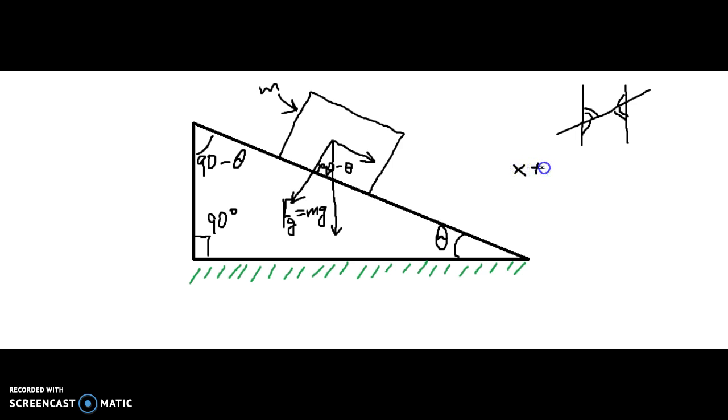We have to write down the formula: x, which is the unknown angle, plus (90 minus theta), plus 90 degrees has to be equal to 180.